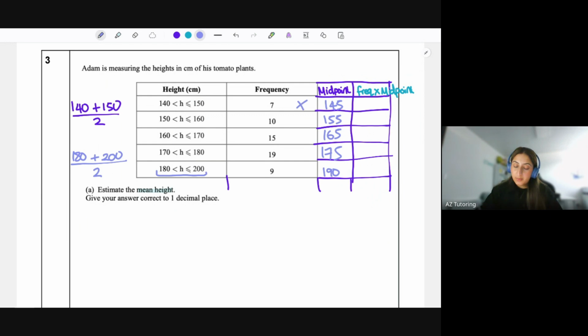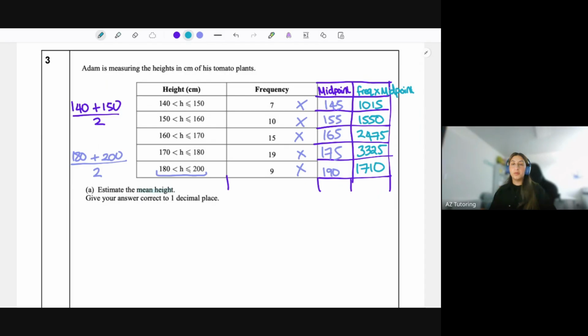And then all I'm doing for the last column is multiplying these two columns. So 7 times 145 is 1015. That is 1550, 2,475, 3,325, and 1,710.